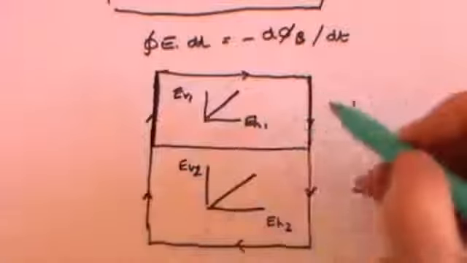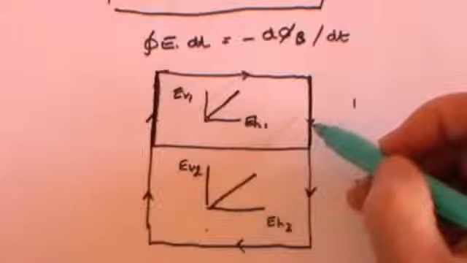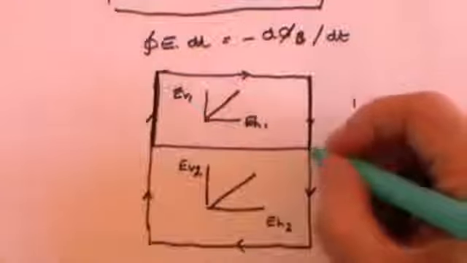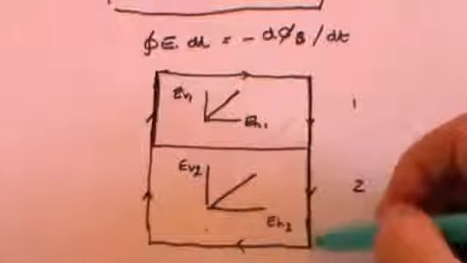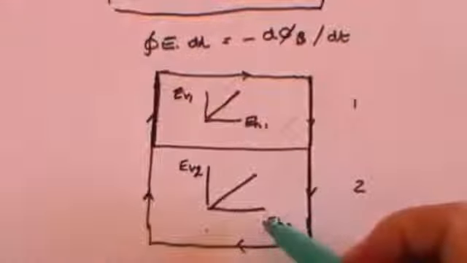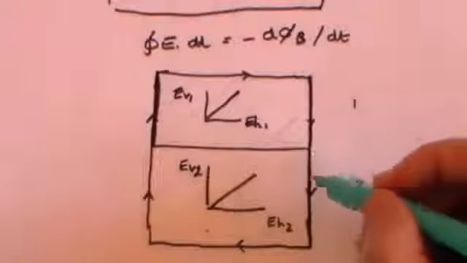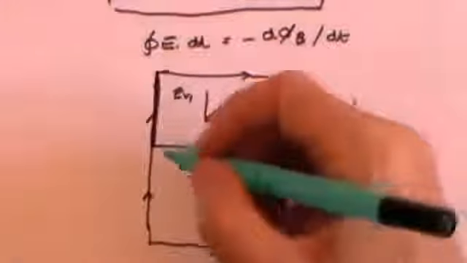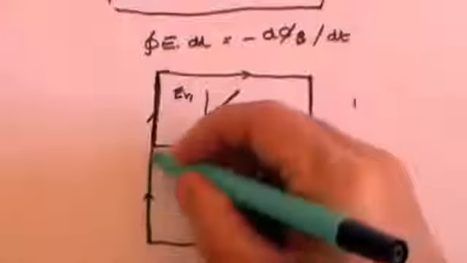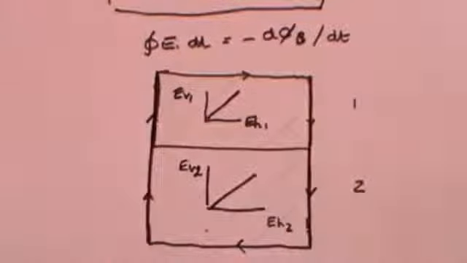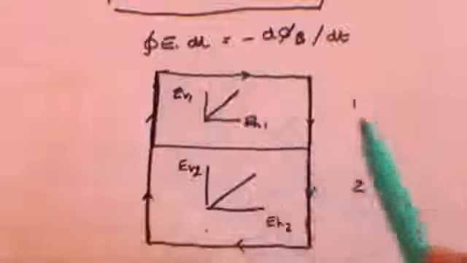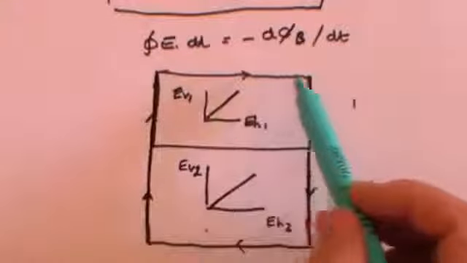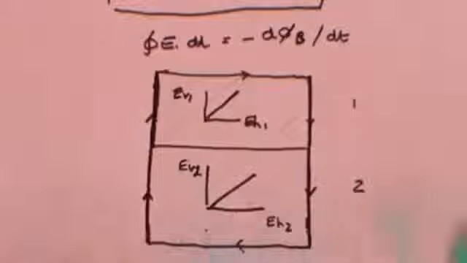So that part of the journey and that part of the journey will cancel out. Similarly, whatever the EV2 contribution to that part of the journey, there will be no EH2 contribution. Whatever the EV2 contribution here is, it will exactly match the EV2 contribution in that part of the journey. So the only two bits of the journey that are going to constructively add to this are going to be my journey from here to here and my journey from here to here.